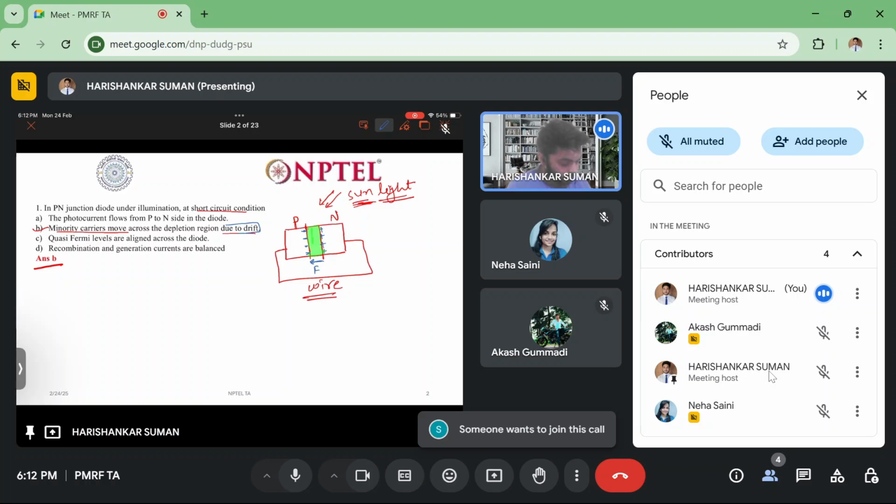So this is the positive to negative electric field direction, and if minority charge carriers are generated in the PN junction, they move due to this electric field. They feel a force due to the charge and electric field E.